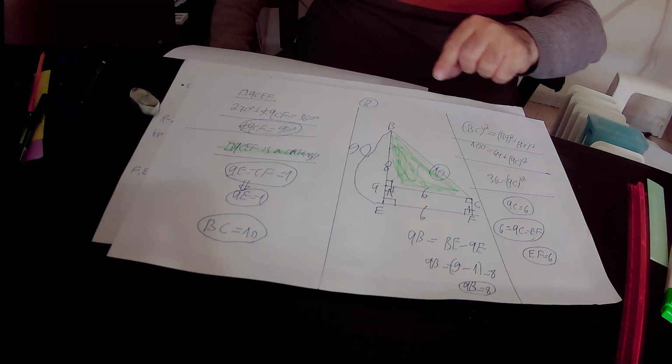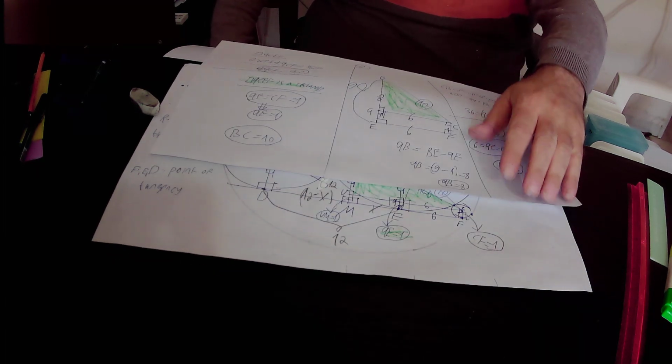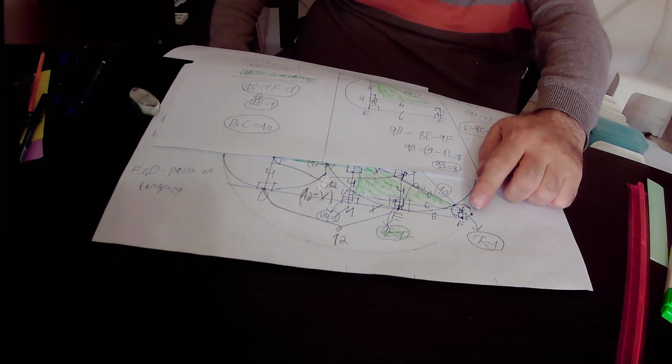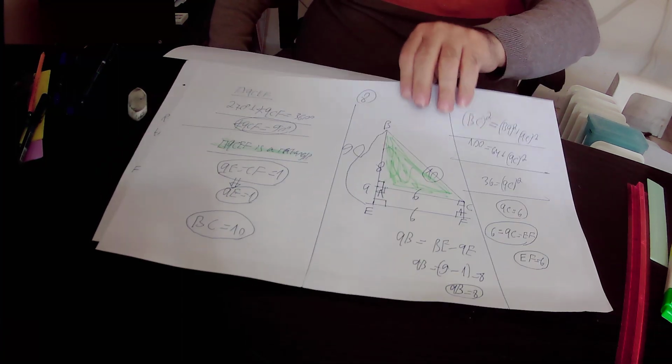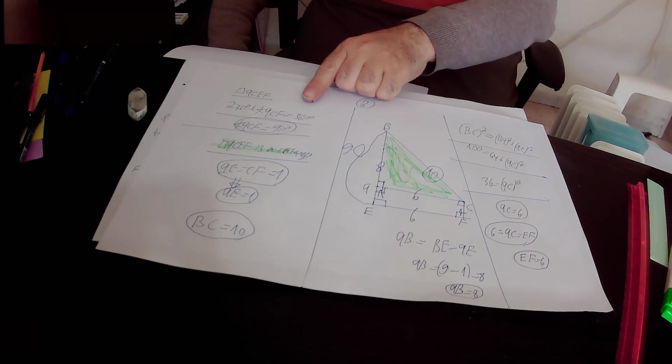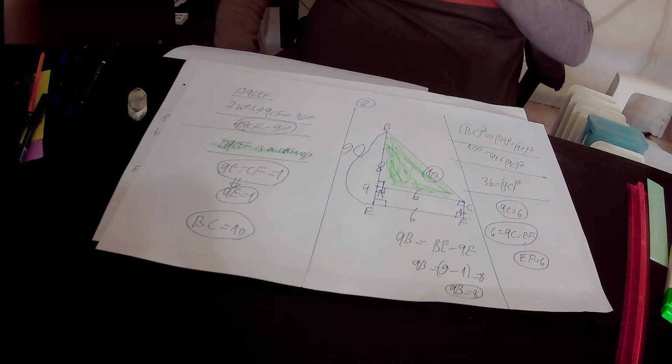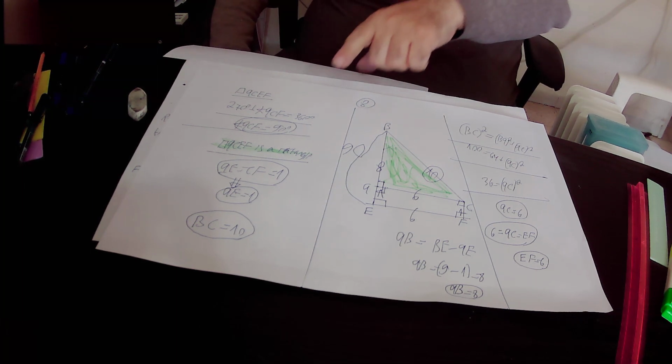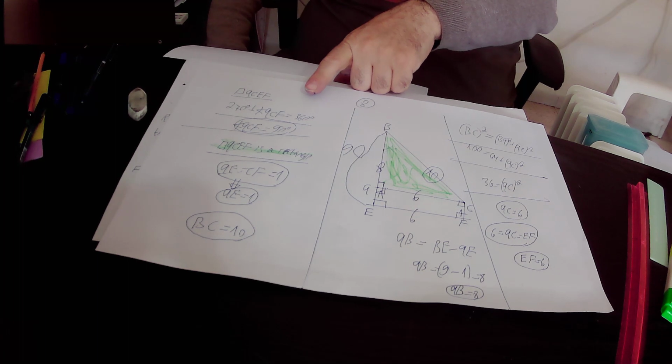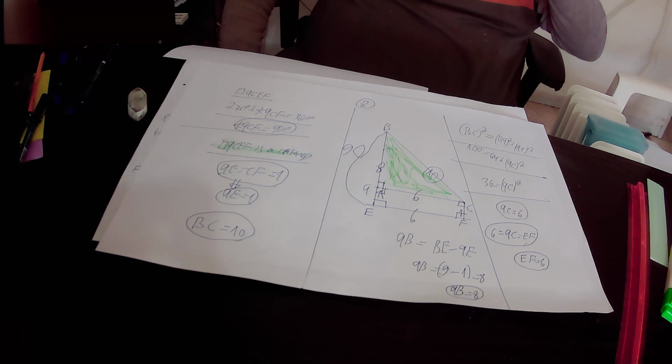So 270 degrees plus the size of this angle, that is actually angle QCF. In total, the sum of those four angles must be equal to 360 degrees. We subtracted 270 degrees from this equation and we got that angle QCF is equal to 90 degrees.